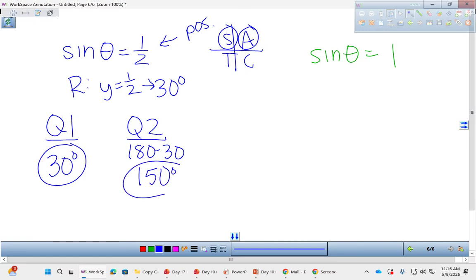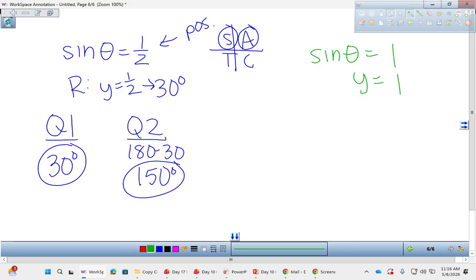And so when you have something like 1/2, root 3 over 2 or root 2 over 2, you've got to do some work, and there's going to be 2 answers. When you have something like this, when I'm looking for y being 1, that's not happening at 30, 45, or 60, so I'm not going to do all this stuff. I'm just going to look directly at the circle. Where does y equal 1?